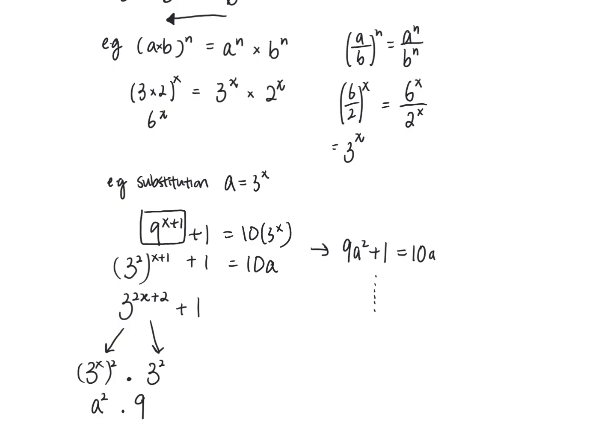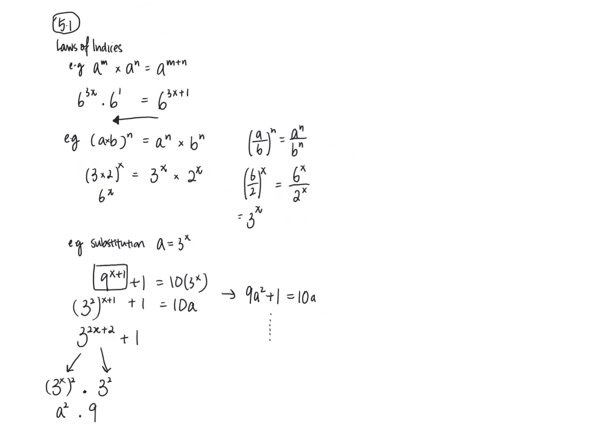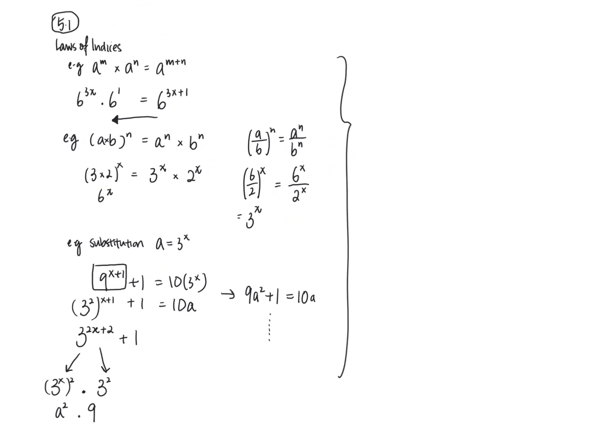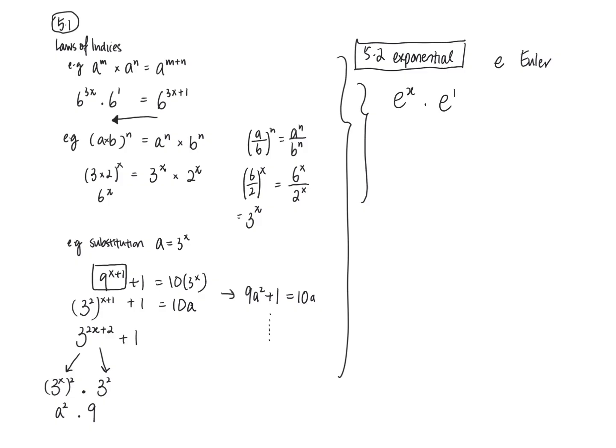5.2, we talk about exponential. So exponential follows the same rules. So exponential expression is where the Euler number comes in. So it follows the same rule as what you see here. So if you have e to the power of x times e to the power of 1, it is adding power.